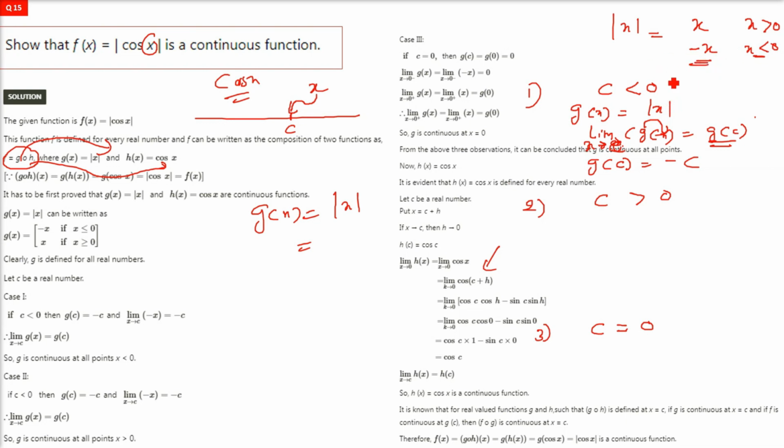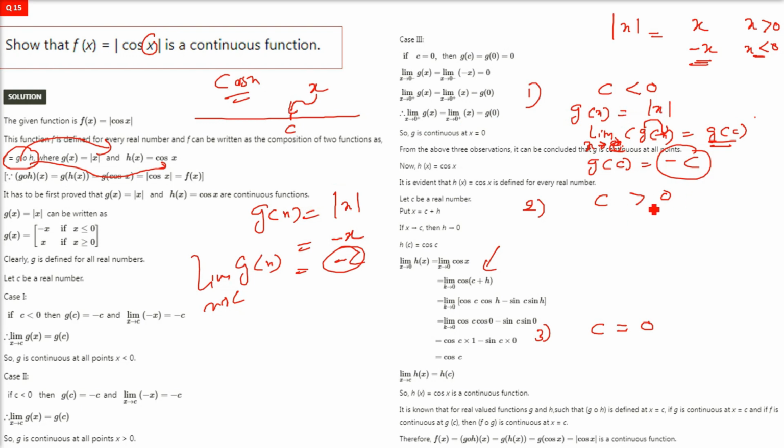But we are talking about c, so it is going to be minus c. So g(x), when you apply limit x tends to c, is minus c, and g(c) is also minus c. Both are equal, so for c less than 0, it is justified.